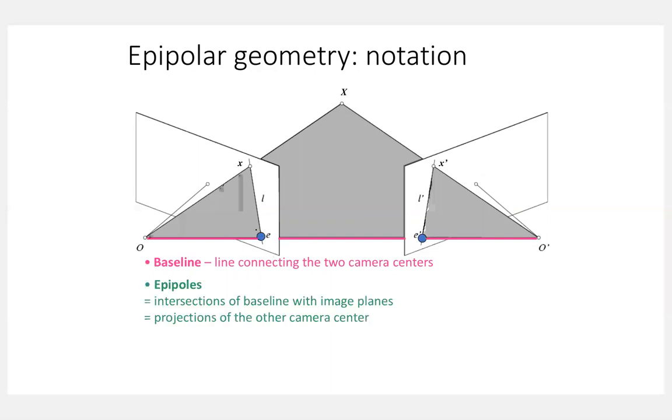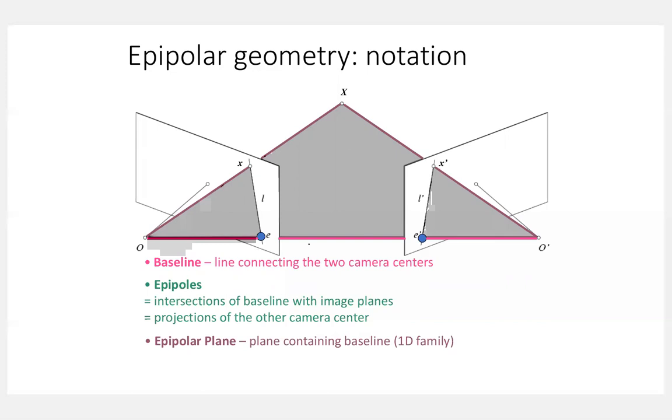So this is repeating our terminology and some of the notation we are using here. We have this big X, a 3D point in space, and the small x is the projection onto the plane of the left and right camera. This is the epipolar plane again.